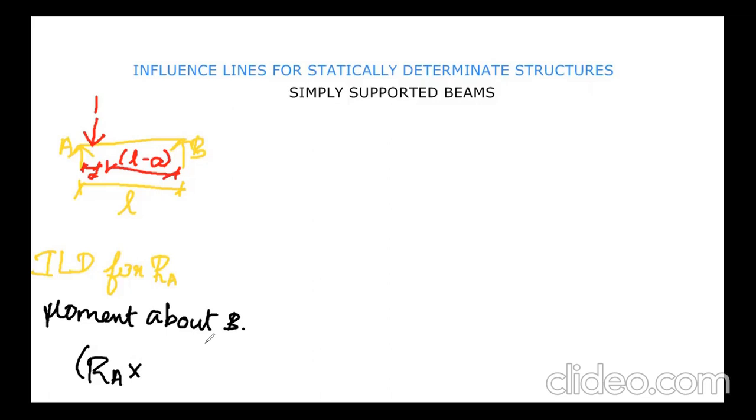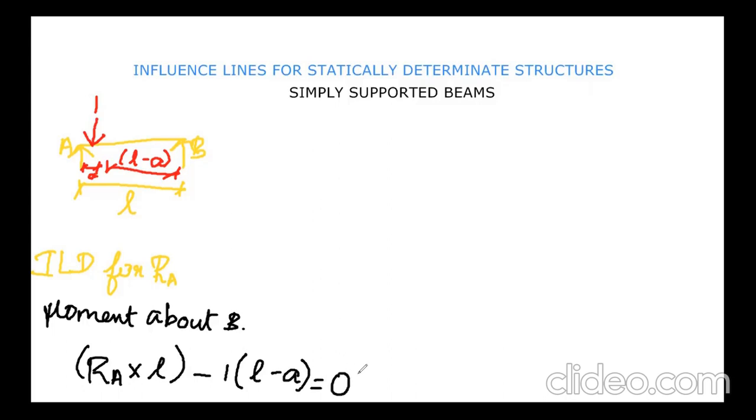So RA into its corresponding perpendicular distance L, which acts in the clockwise direction, left clockwise is positive, minus the unit load 1 into the distance L minus a. Why minus? Because this unit load 1 acts in the anti-clockwise direction, and according to the sign convention, a left-side anti-clockwise moment is negative. So this moment is equal to 0.